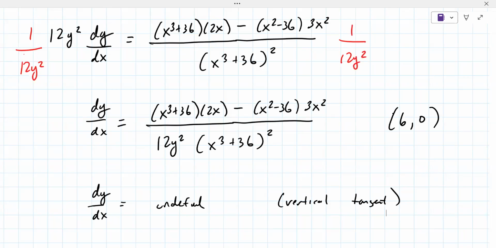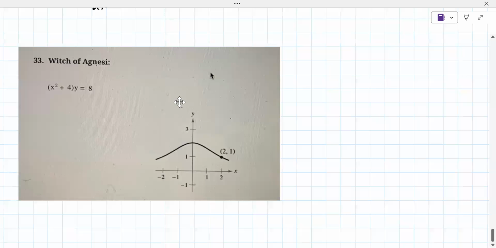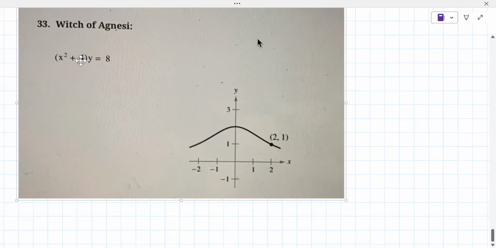And then we have these famous curves that he wanted us to look at. Number 33. It's just a really complicated way of saying, hey, you need to take the derivative of this thing on the left here.